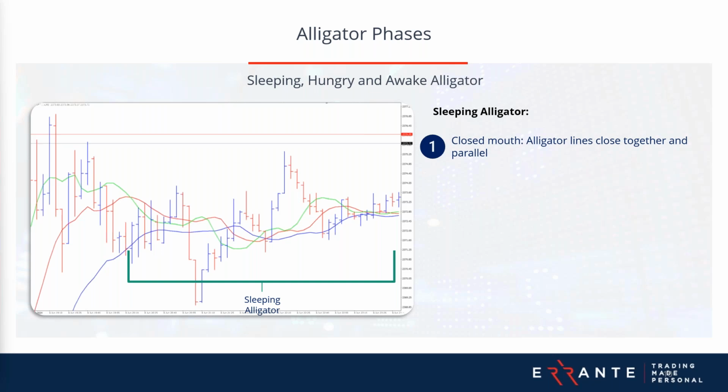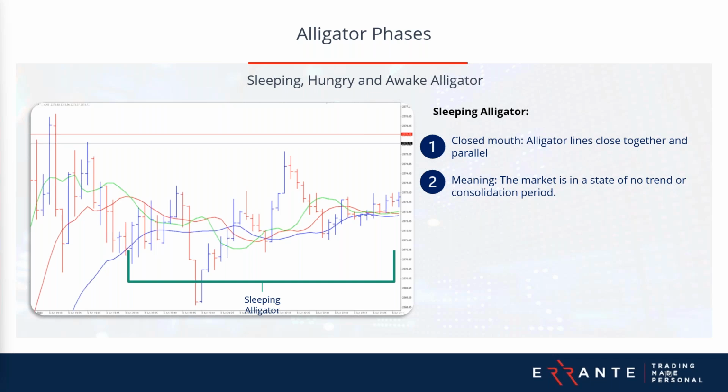It's essential to recognize this setup to avoid entering trades based on false breakouts, or what we call whipsaws. Instead, wait for the alligator to wake up and for the lines to start diverging, indicating the beginning of a new trend. See, what does it mean?